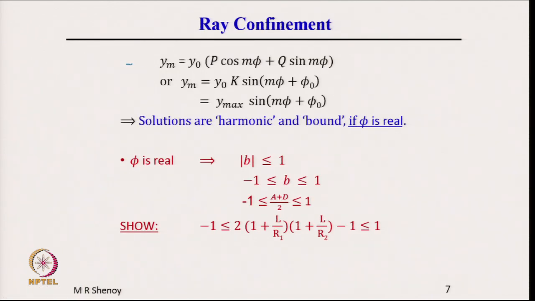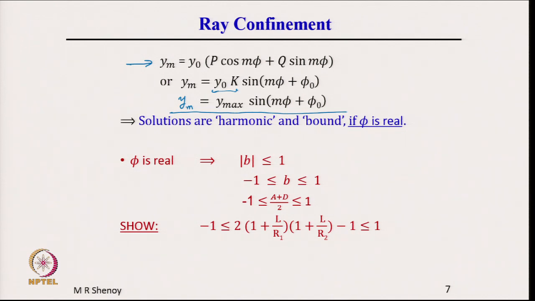This can also be written by combining these in the form y_0 into some constant k sin of (m phi plus phi_0). If we designate y_0 k as y_max, then we have y_m is equal to y_max into sin (m phi plus phi_0).